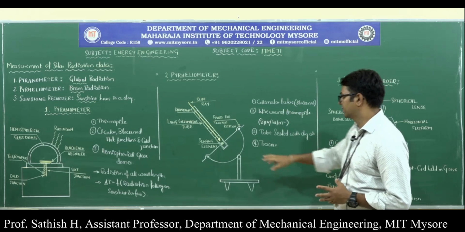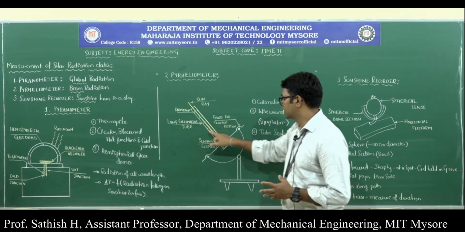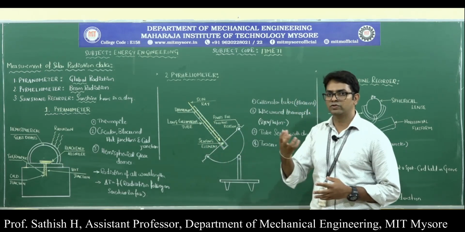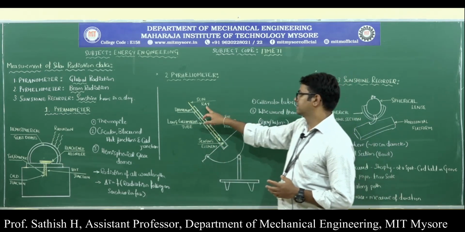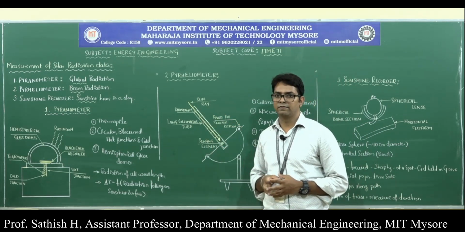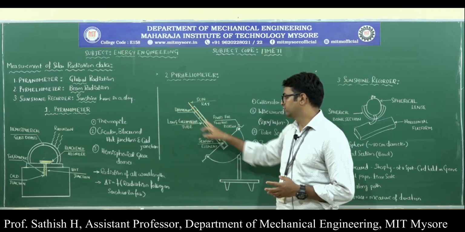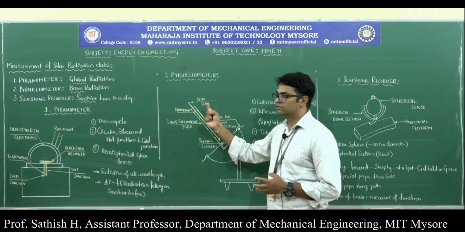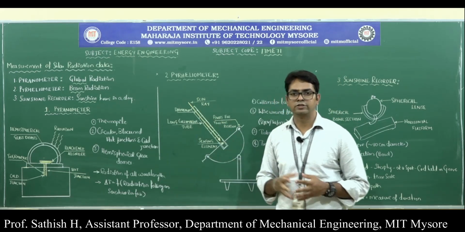This long collimator tube is used to collect the sun ray, a single beam of radiation. The inside surface of this collimator tube is blackened.